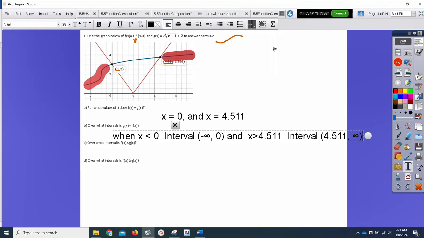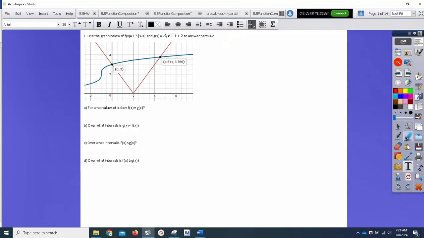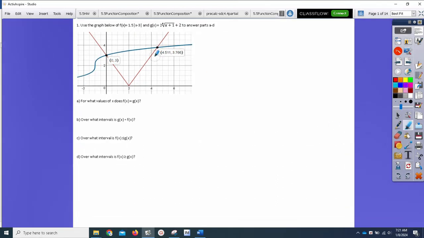F of x is less than or equal to g of x. So if things have changed and there's equality, f of x is less than or equal to. F of x is the v, and it's going to be this path right here. This path happens for x values between 0 and 4.511.